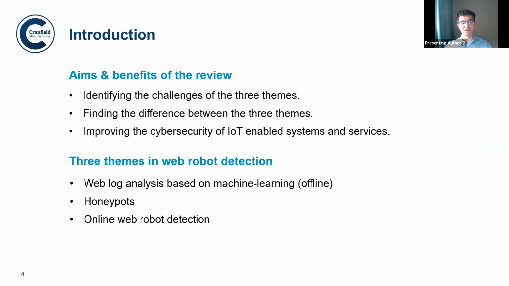The three themes are three popular directions for detecting web robots that we have summarized through the literature review. They are web log analysis based on machine learning, honeypots, and online robot detection. So much for the introduction. Let's move on to some details.